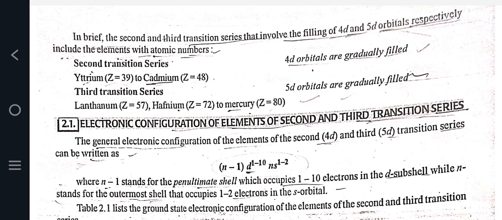orbitals are gradually filled. Electronic configuration of elements of second and third transition series. The general electronic configuration of elements of the second 4d and third 5d transition series can be written as (n-1)d 1 to 10 ns 1 to 2, where n-1 stands for the penultimate shell which occupies 1 to 10 electrons of the d subshell, while n stands for the outermost shell that occupies 1 to 2 electrons in the s orbital.